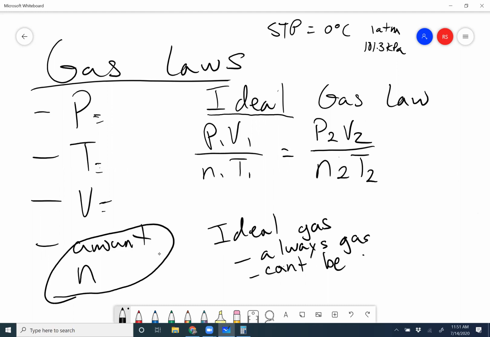Can't be condensed is a better way to say it. So, for instance, helium is an ideal gas. If you take helium and you try and condense it, it will stay a gas. So helium is a good example of an ideal gas. The reason why it's an ideal gas is it has no intermolecular forces.